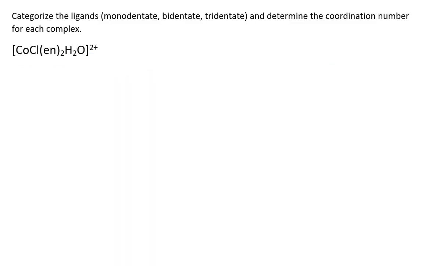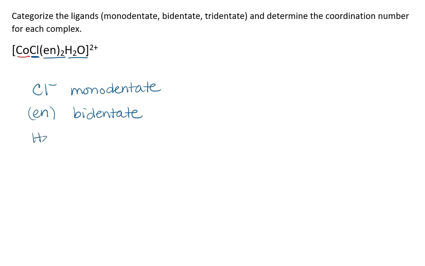And we have one more example, just identifying our metal ion as a metal ion. Looking at the ligands, the first ligand we have is a chloride ligand. Chloride is monodentate. The next ligand we have is ethylene diamine. Ethylene diamine is bidentate. And our final ligand is water.